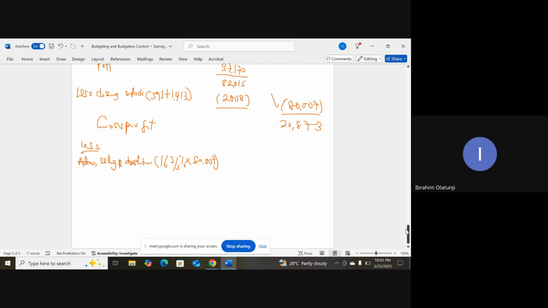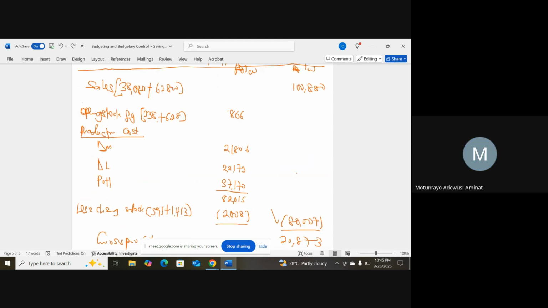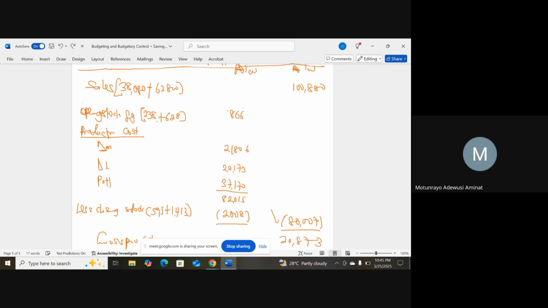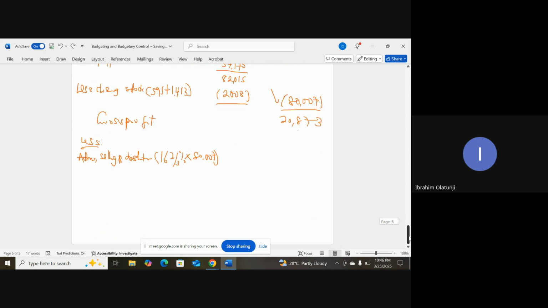You calculate the percentage very well. Let's do it very well. 16 2/3: 16 times 3 is 48, plus 2 is 50. So it is 50 over 3 percent.